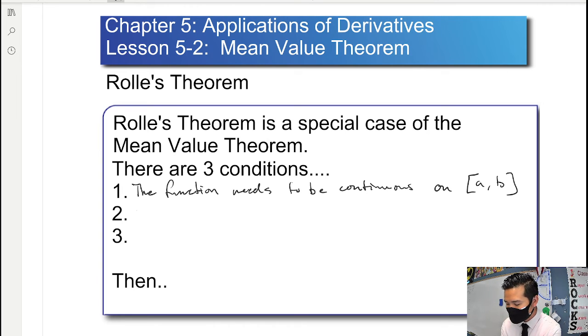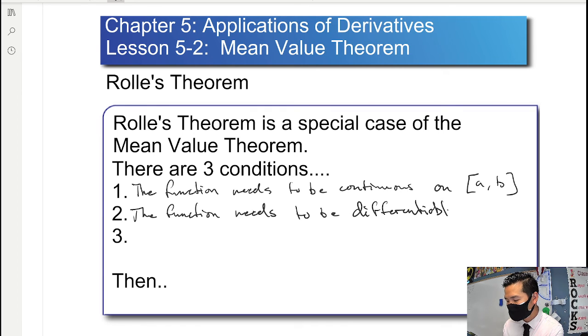Second thing, the function, yes, needs to be differentiable on A to B. This is still 4.2, right? Yeah. Rolle's theorem, like I said, it's still connected to the mean value theorem, but it's a special case.